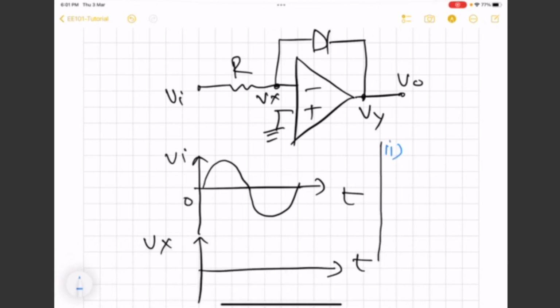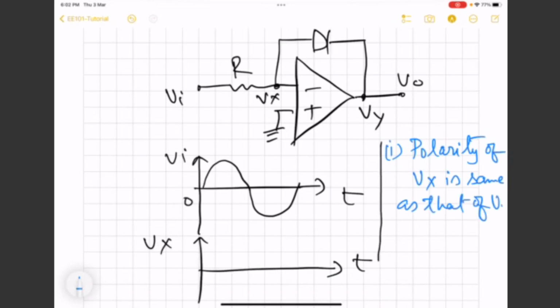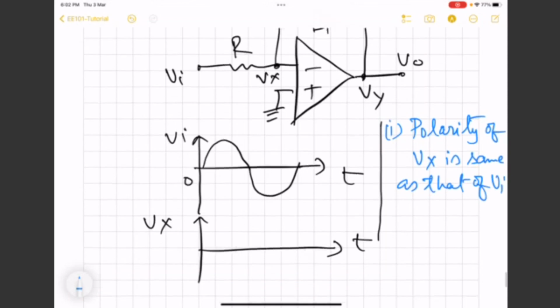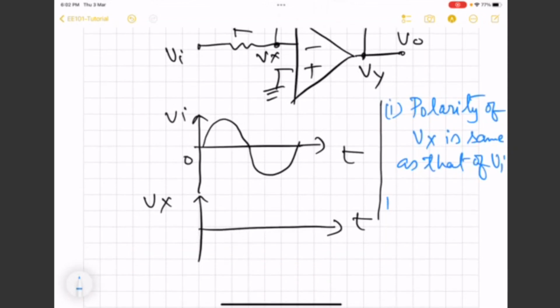So as I pointed out, just follow these two things. Polarity of Vx is same as that of Vi. So this is one fact that you will have to keep in mind.